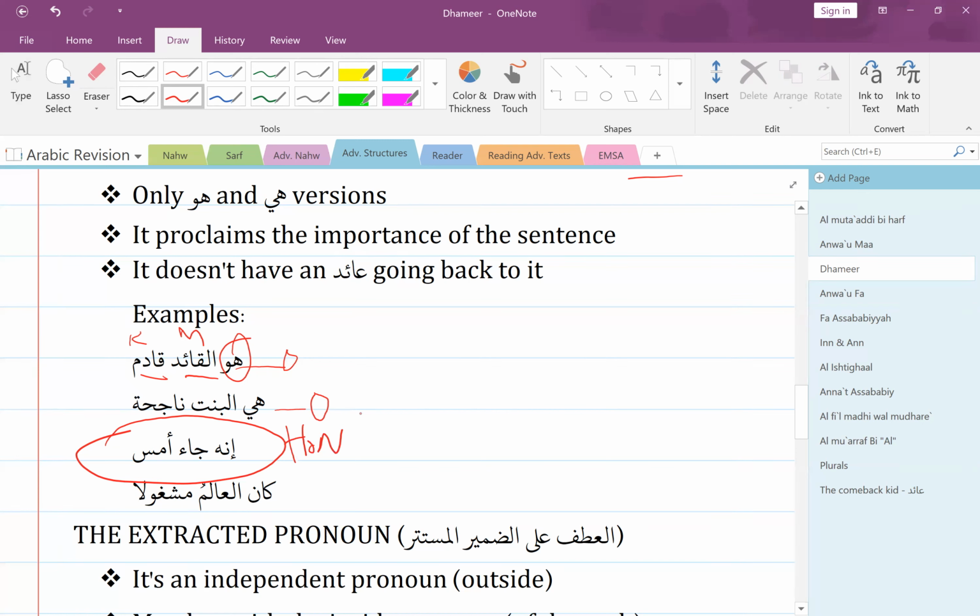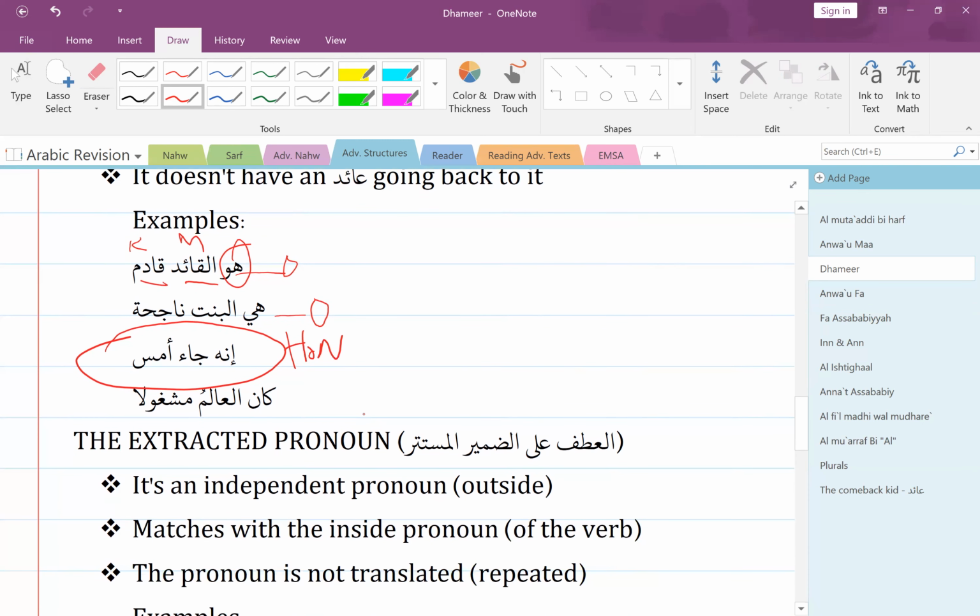Now, how does it come as an inside pronoun? Let's take an example here. What will be the i'rab of innahu ja'a ams? So innahu, we would say that inna is harf of nasab and the hu is basically damirul shan.